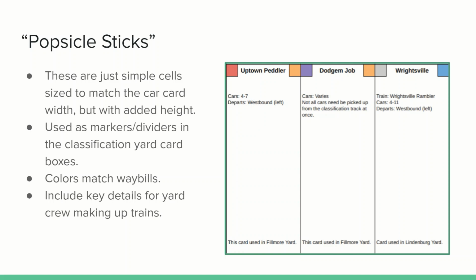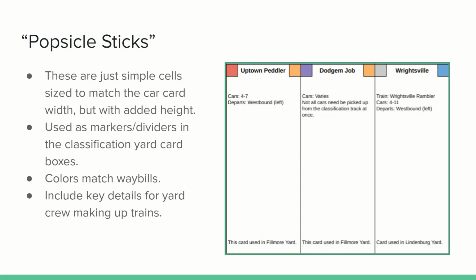And there even are times where a given track might have cars for more than one train, and you can use these taller cards to stand up above the regular car cards to separate those different groups.